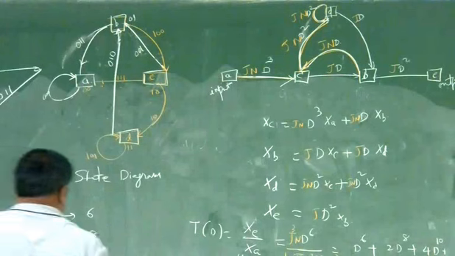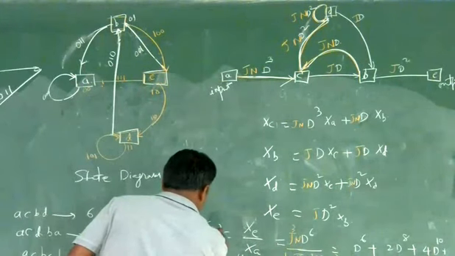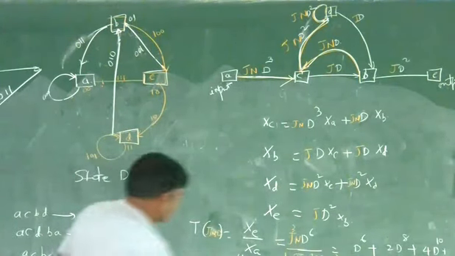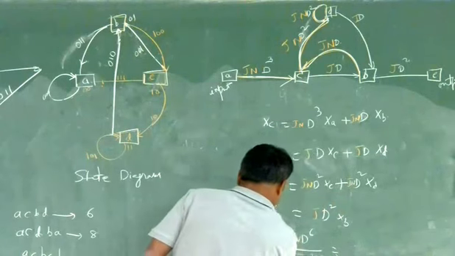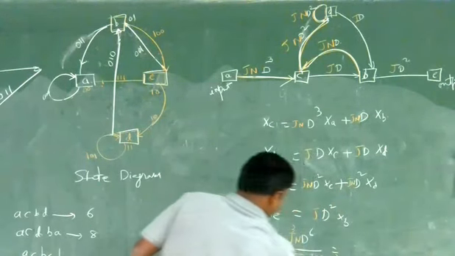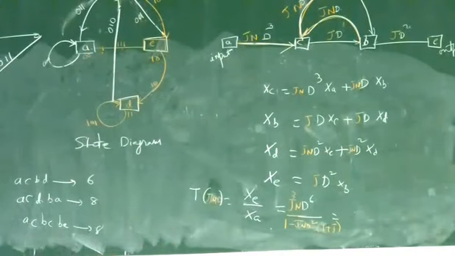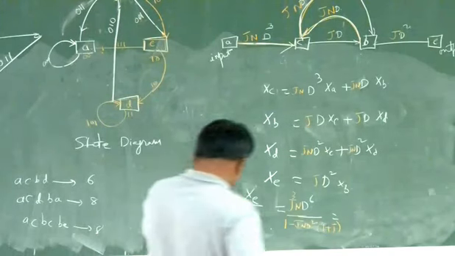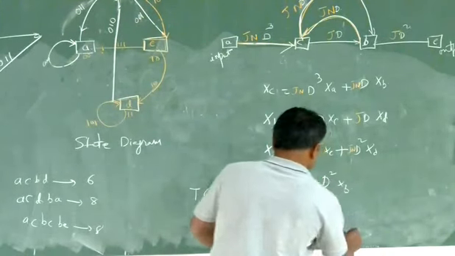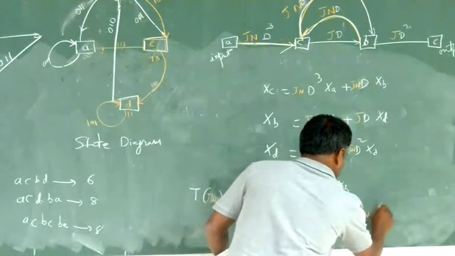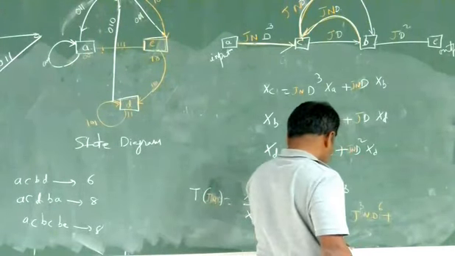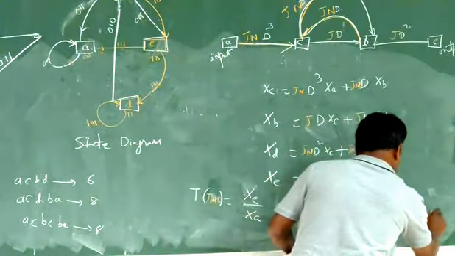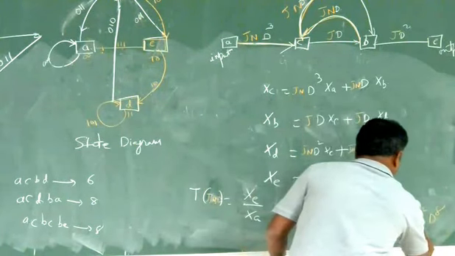Now it's a function of J, N, comma, D. This turns out to be J cube N D raised to 6 plus J raised to 4 N square D raised to 8 and so on. It's a big series.